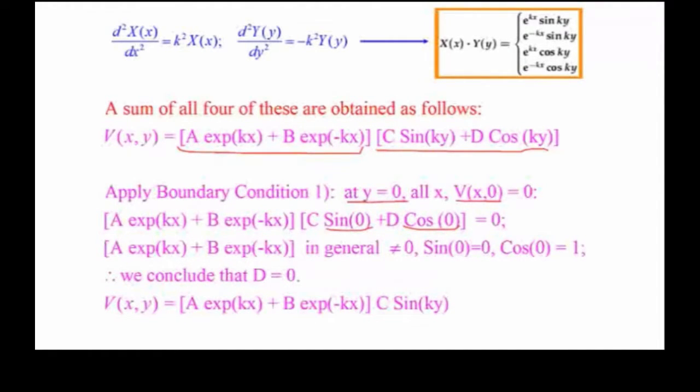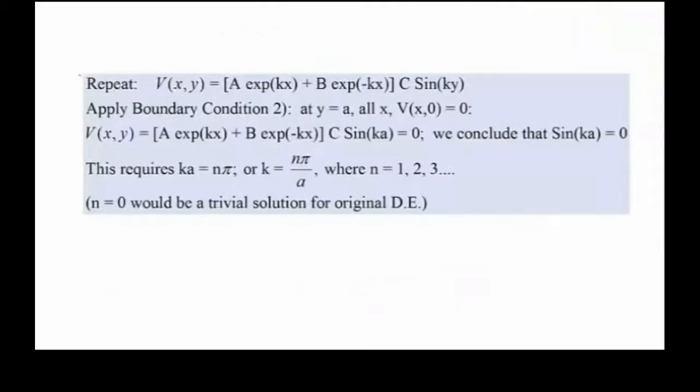We're left with this quantity here, which in general is not equal to 0. We have sine of 0 equals 0, cosine of 0 equals 1, so we conclude that d has to be 0. We set d equal to 0 and it simplifies the equation to this form right here. Setting d equals 0 gives us this function that just repeats what we've already shown.